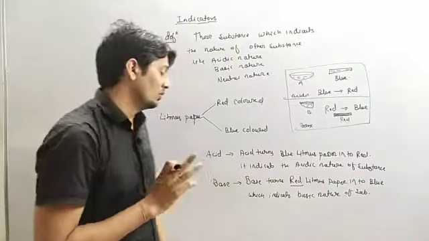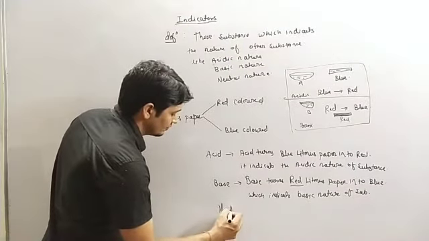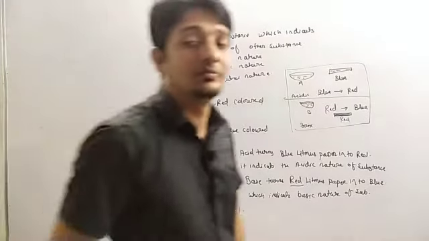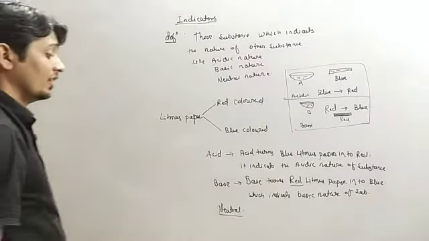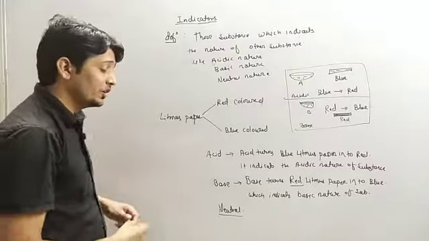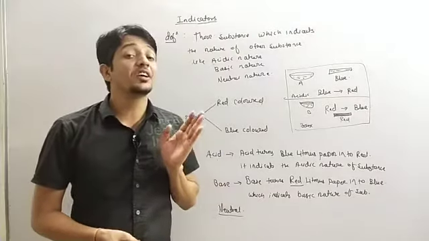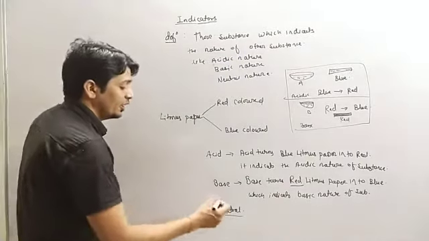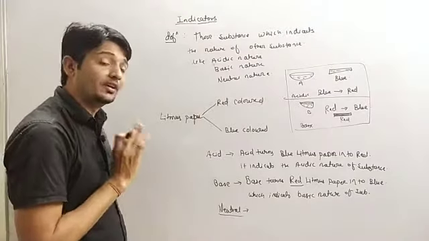Okay, now third, for neutral. The neutral substances do not show any effect on the color of blue or red litmus paper. So we can say neutral substances are those which do not have any effect on litmus paper.